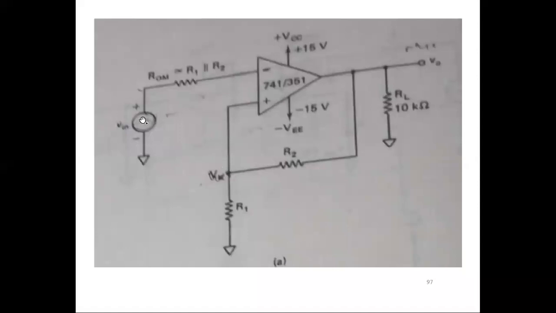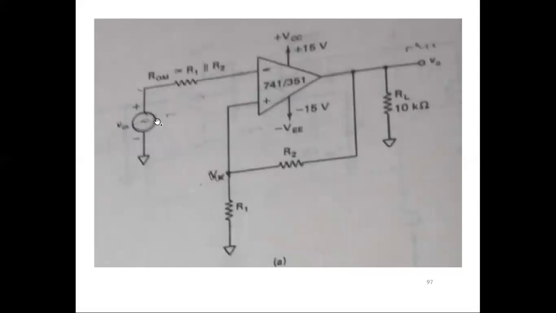Now, till this value is lesser than this voltage, this is higher and this is lesser, till that time the output will be positive.